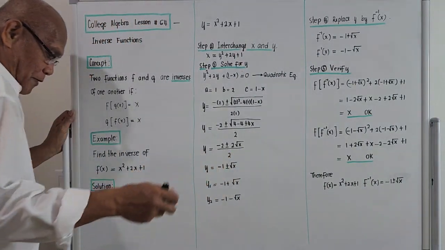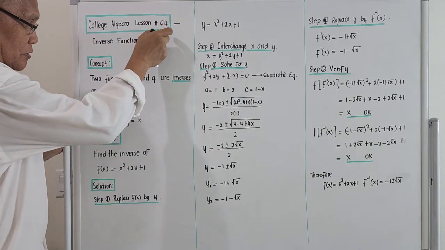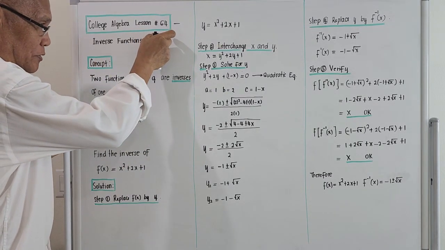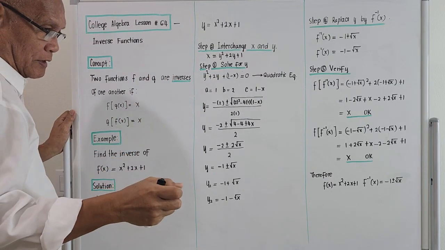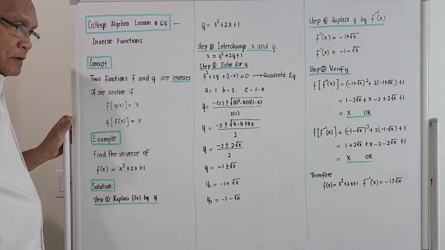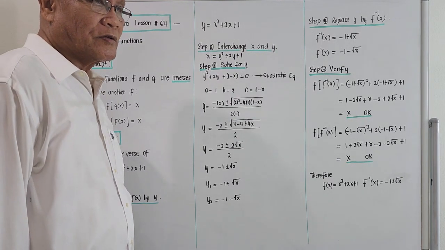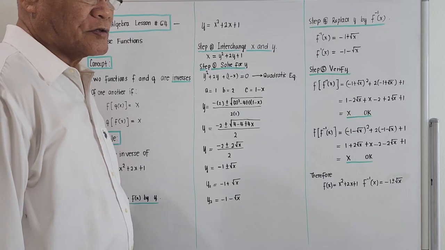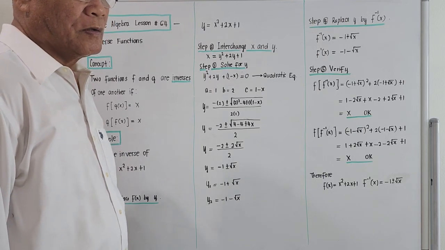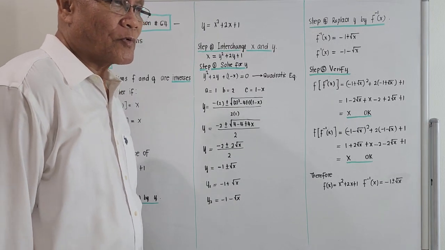The title of the topic for the session will be College Algebra. This is now lesson number 64, and the title of the topic is inverse functions. What is an inverse function? Inverse is synonymous to the so-called reciprocal.